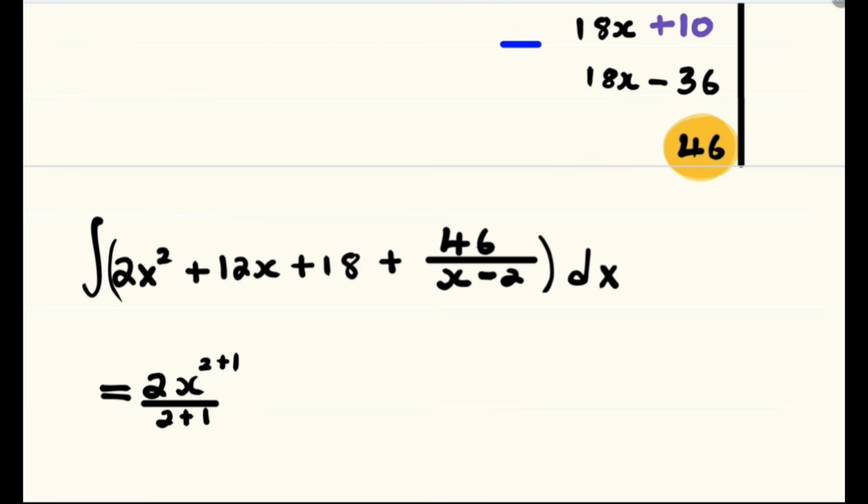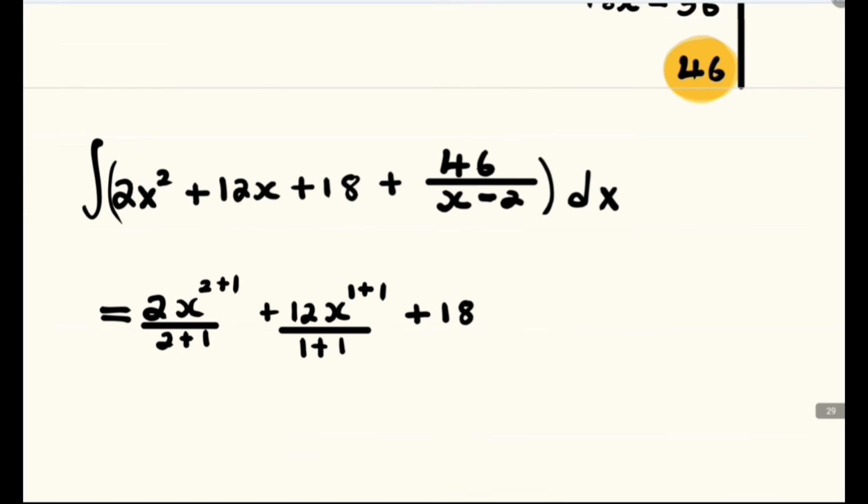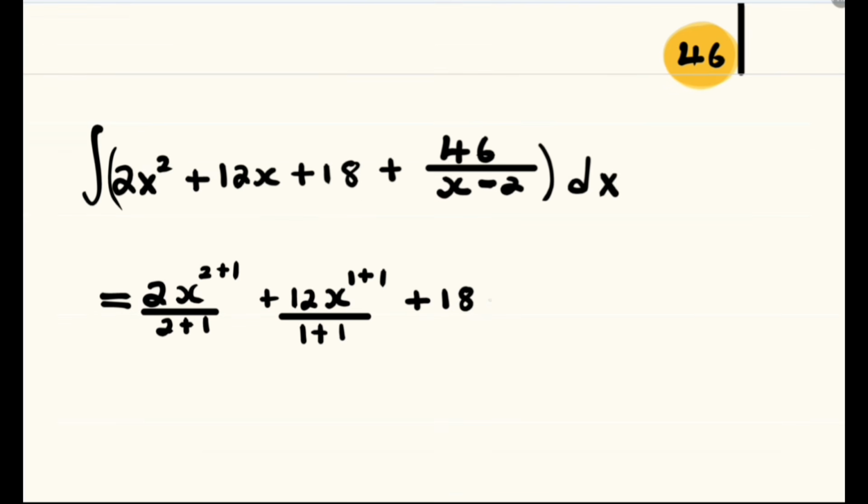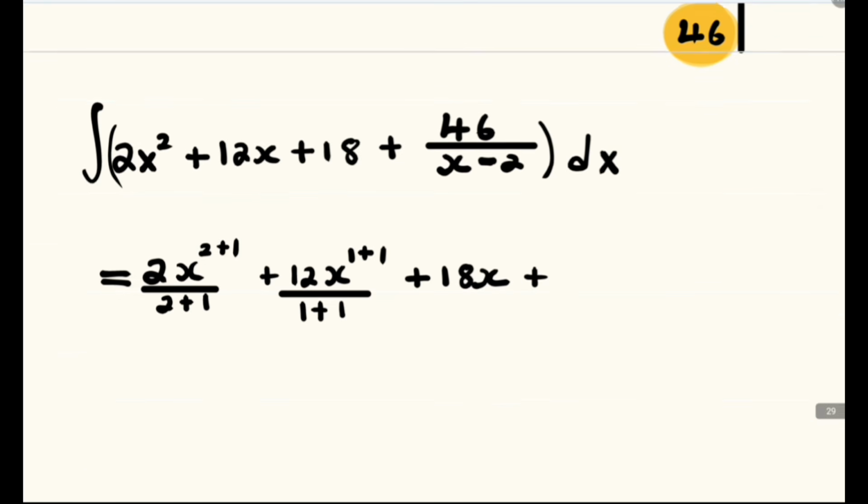And the integral of the 12x will be 12x raised to the power 1 plus 1 divided by 1 plus 1, plus the integral of 18, which is 18x, plus the integral of 46 divided by x minus 2.